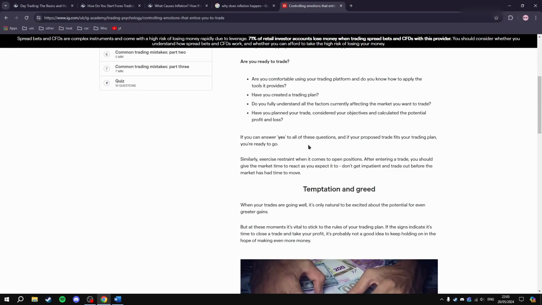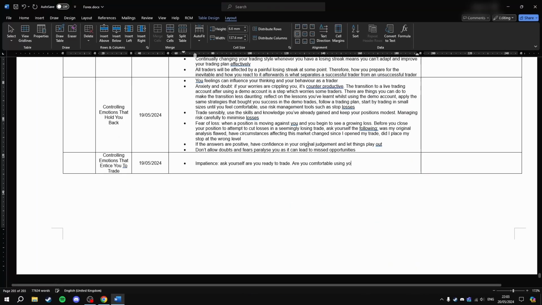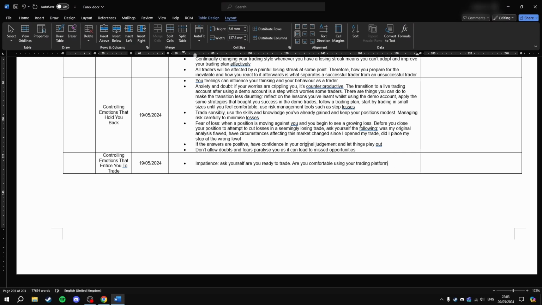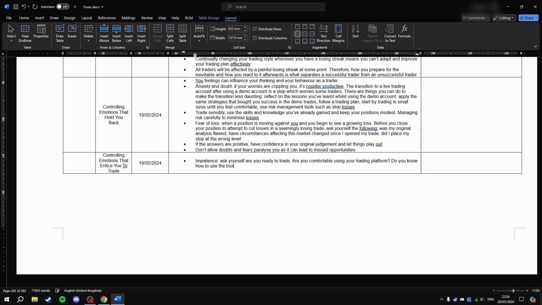Are you comfortable using your trading platform, and do you know how to use the tools it provides?